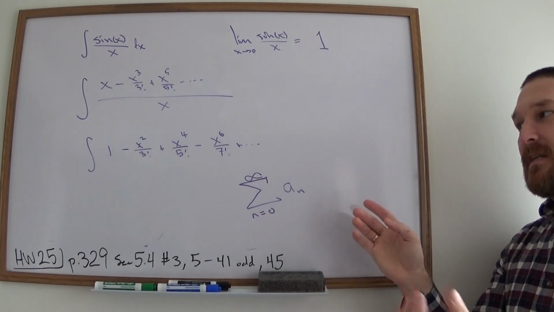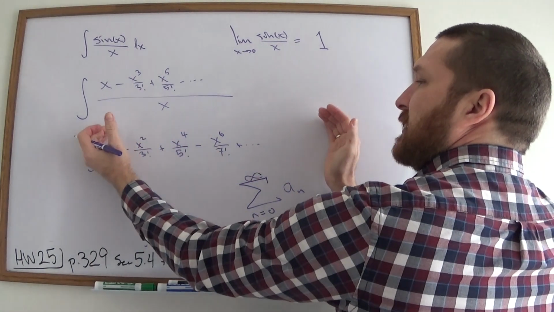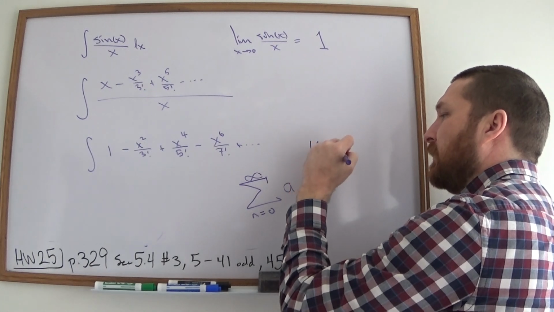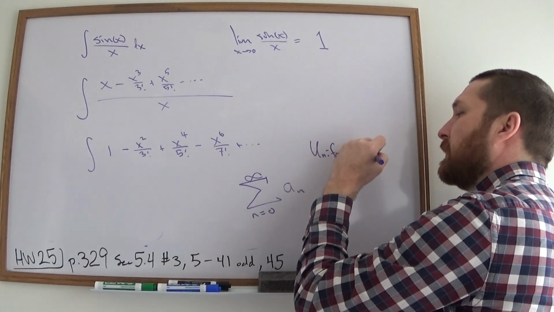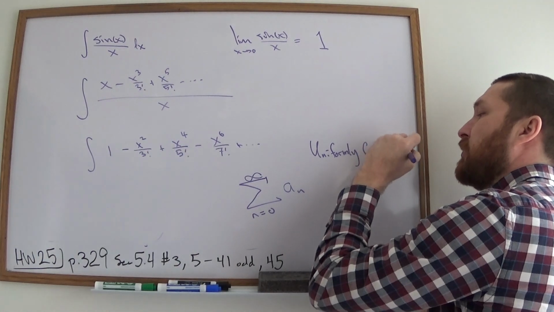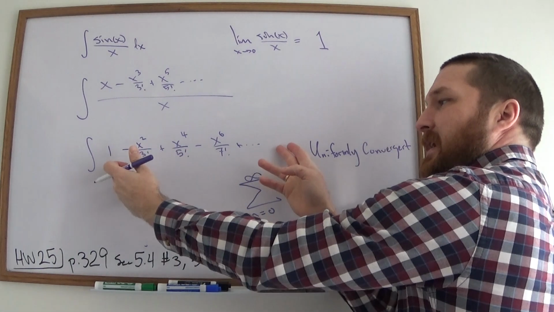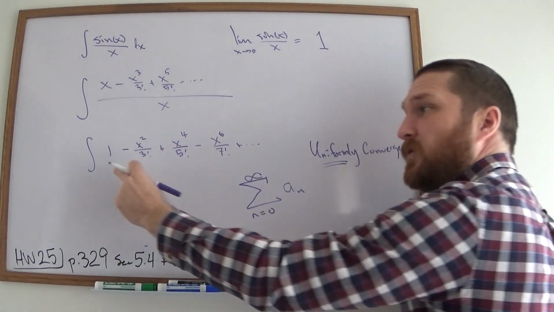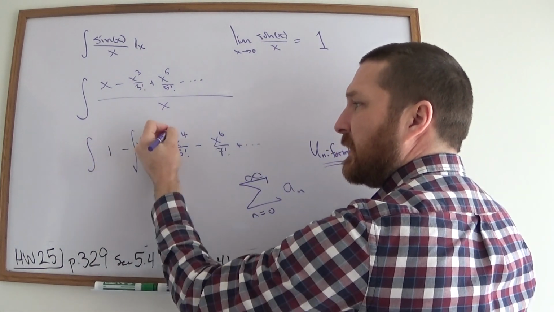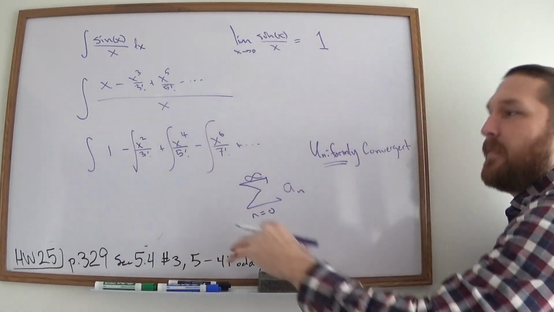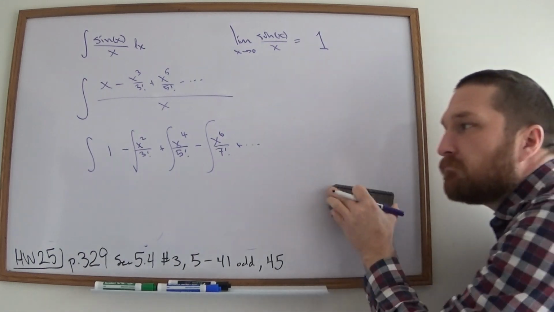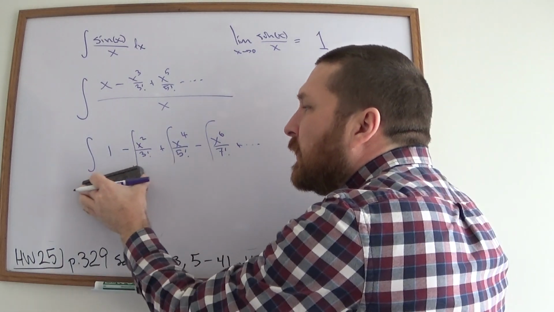It turns out it's not enough for this sum to just converge. It has to be what's called uniformly convergent. If this sum is uniformly convergent, then you could say that this is the same thing as integrating each one. It turns out this sum is uniformly convergent. So you're good.